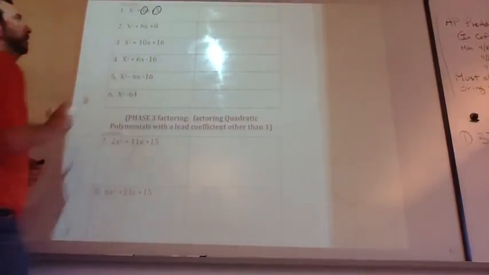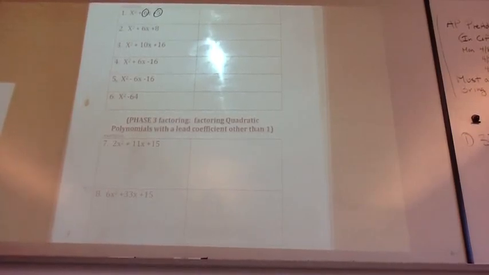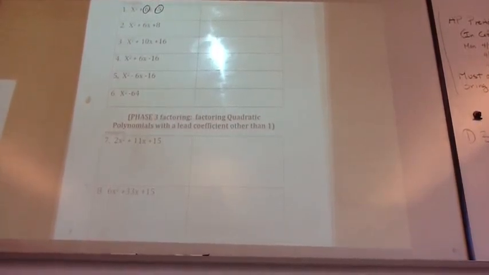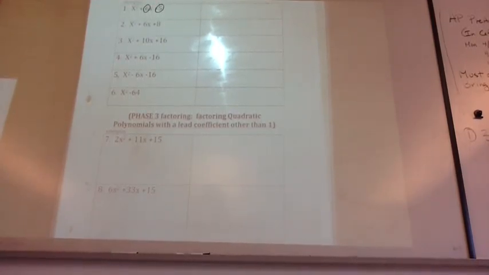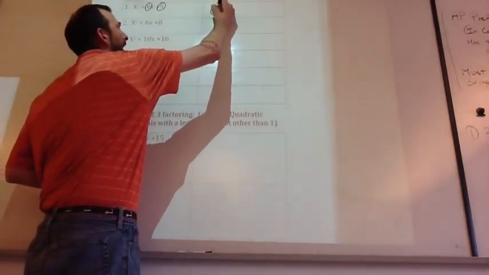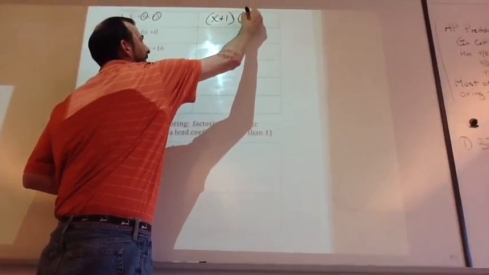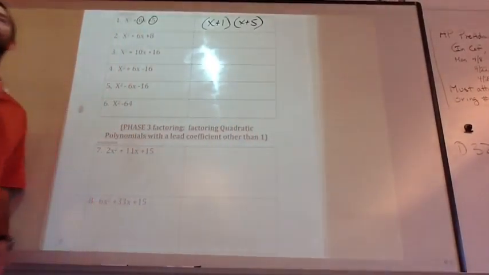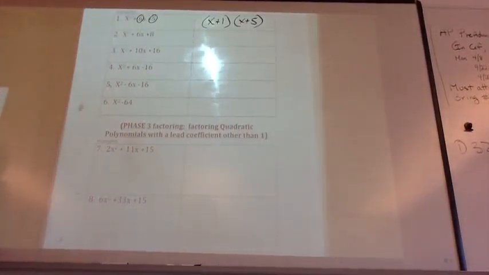Do you know two numbers that add to 6 but multiply to 5? 1 and 5. My factors are going to be x plus 1, x plus 5. I'm just reversing what we did on the previous page.